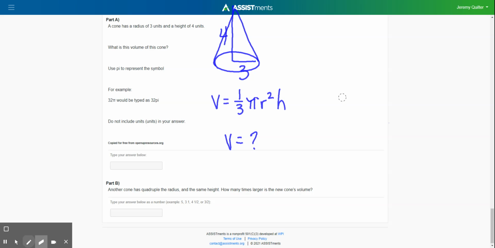If we quadruple the height, then we're simply multiplying the height right here by 4. And to maintain balance and equality, if I'm going to multiply the expression on the right, then I better multiply the expression on the left by the same value.